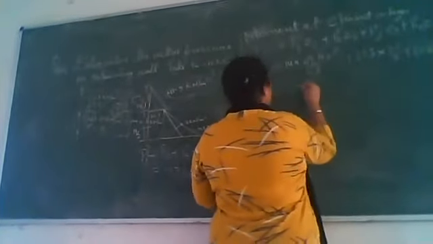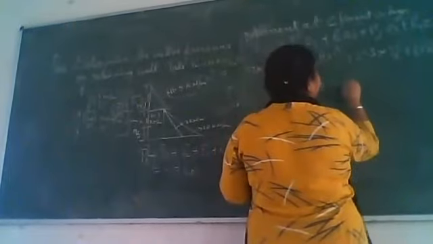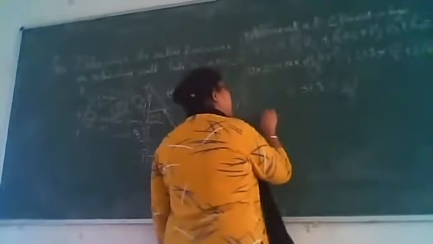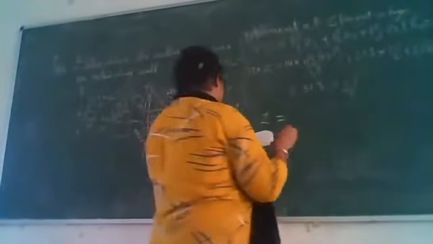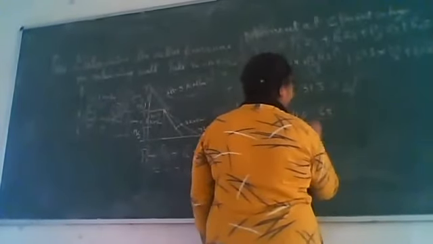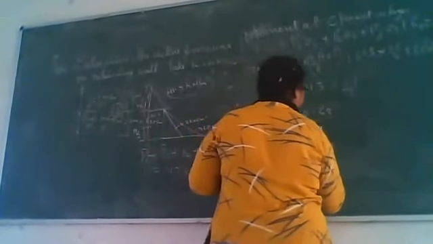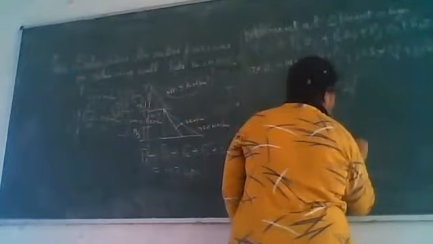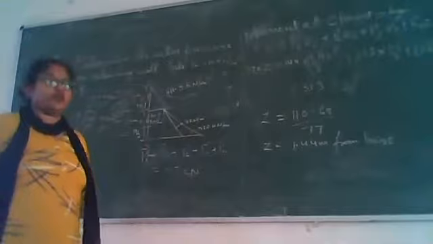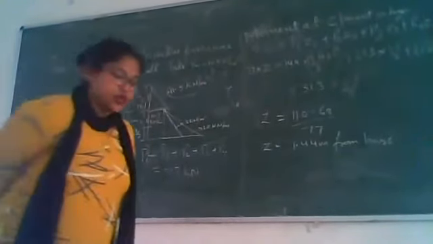And for P4, my P4 value is 31.33 multiplied by 2.5 divided by 3. So after calculating it, my Z will be 110.68 divided by 77, and the Z value is 1.44 meters from the base. So this is all the questions we have to calculate in our pressure theories.